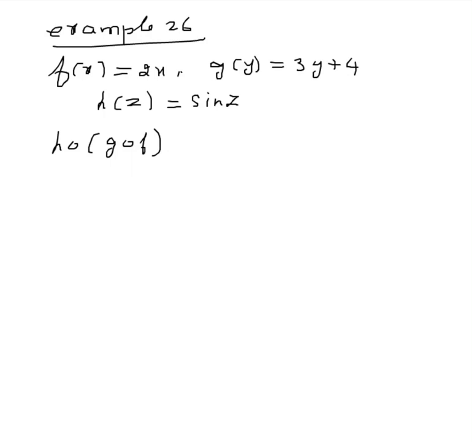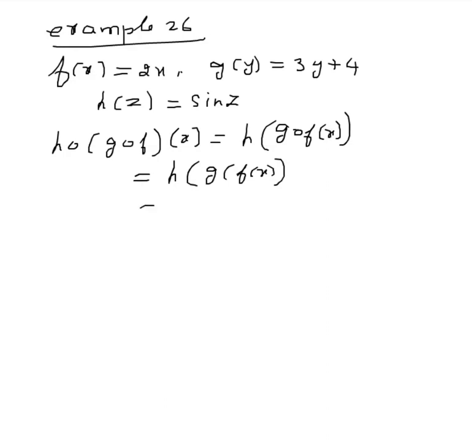Okay, let us find the left hand side. H composite g composite f of x, which is equal to, the definition is h of g composite f of x, which is equal to h of g of f of x. We'll do the inner function.